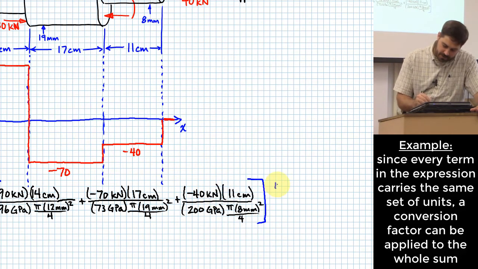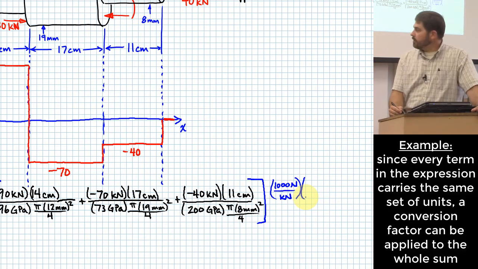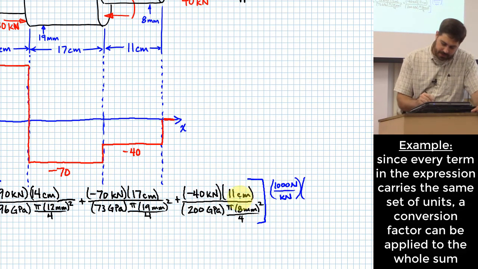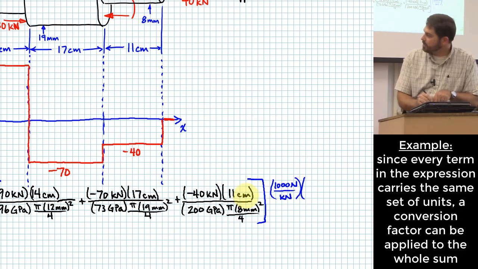Kilonewtons. So there's 1,000 newtons in a kilonewton, right? The next one is 11 centimeters. How many centimeters in a meter? 100.